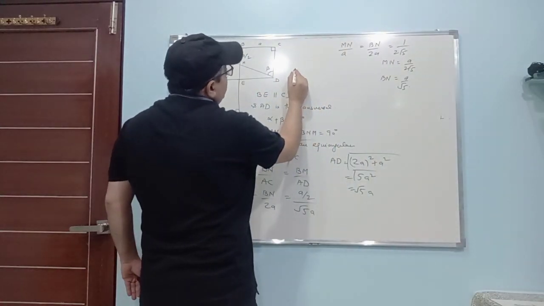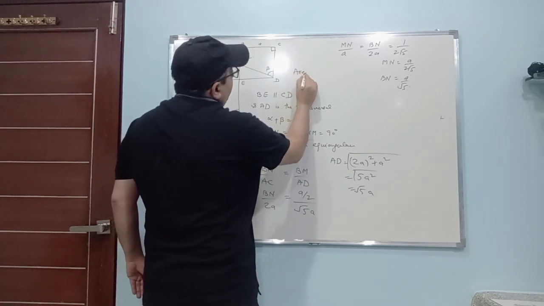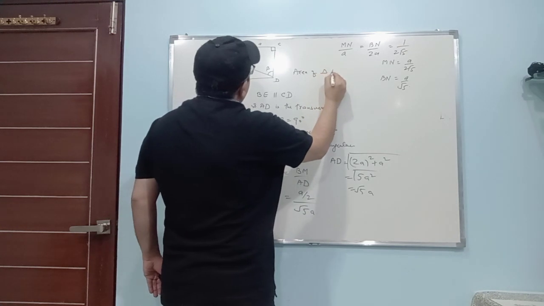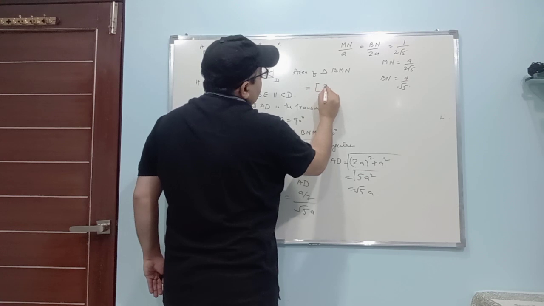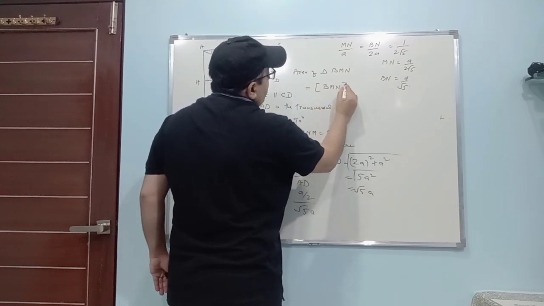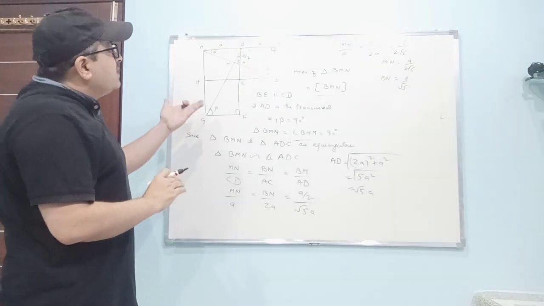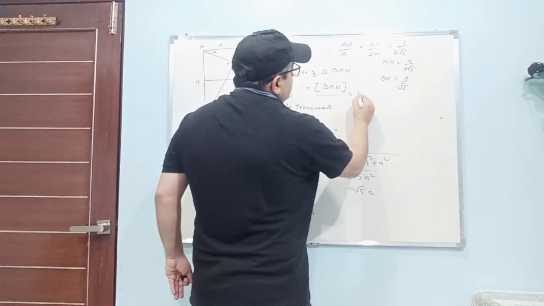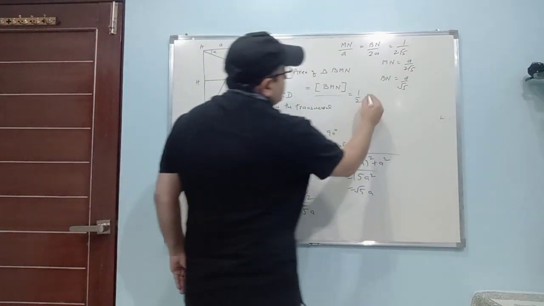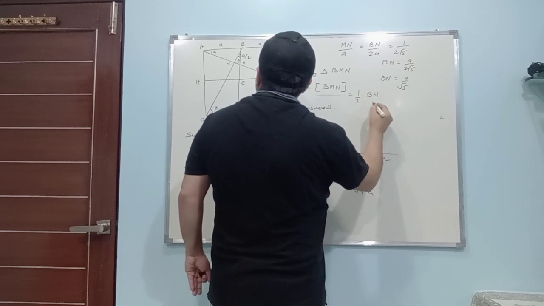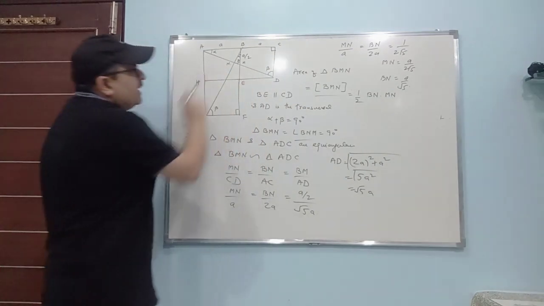So area of BMN, this is the symbolic representation. Area of the triangle BMN, ये इस तरह की ब्रैकेट में लिखा जाता है ज्योमेट्री में. तो area of the triangle BMN, because it's a right angle triangle, its area is going to be half base, BN is the base, and the altitude is MN, because angle N is the right angle.